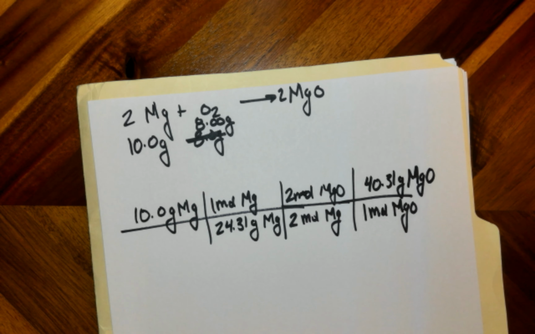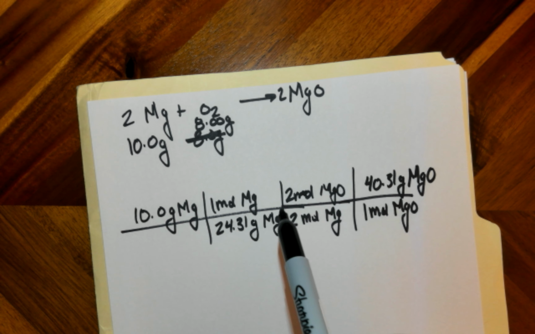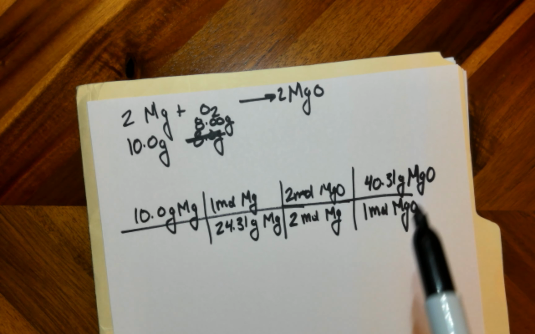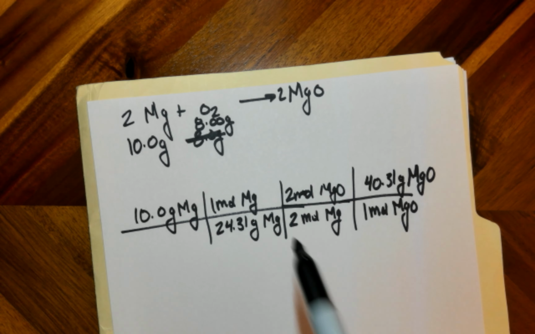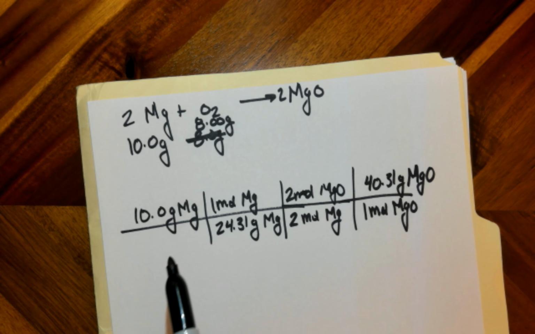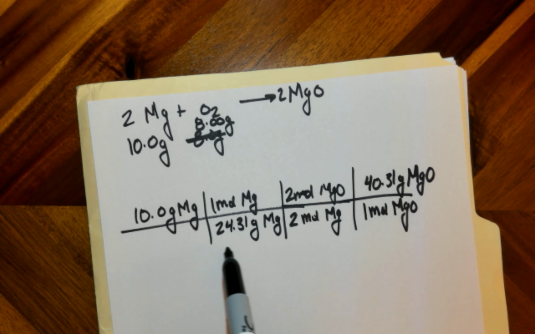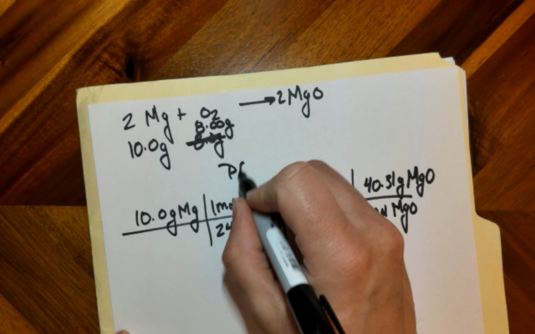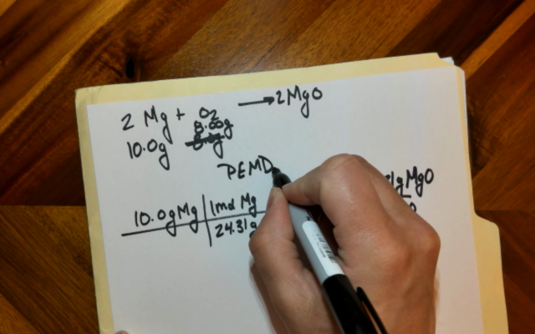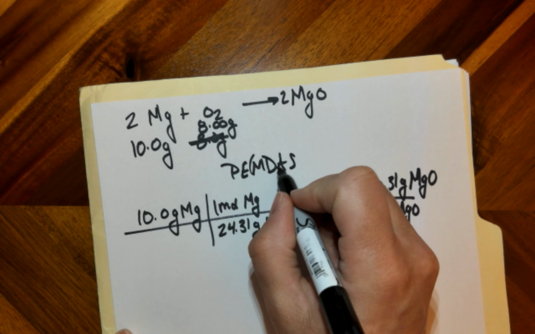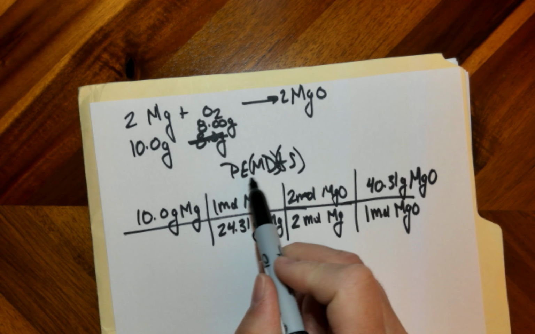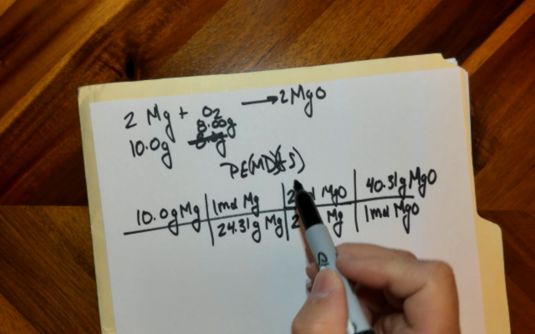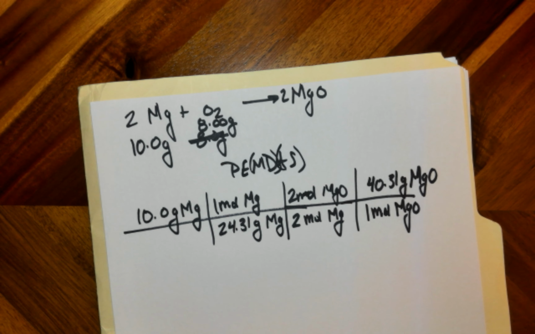When I'm putting this in my calculator, I'm doing 10 times 2 times 40.31 divided by 24.31 divided by 2. Or if you prefer, 10 divided by 24.31 times 2 divided by 2 times 40.31. The choice is yours. Because of PEMDAS, multiplication and division are grouped together, and it doesn't matter what order you do these in.